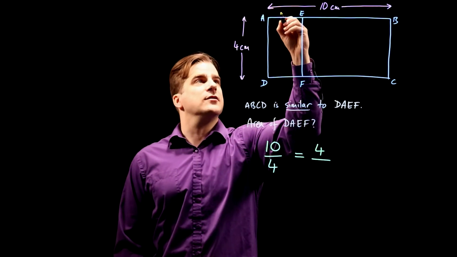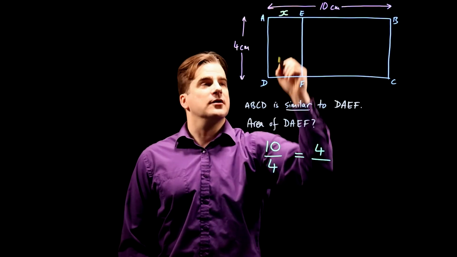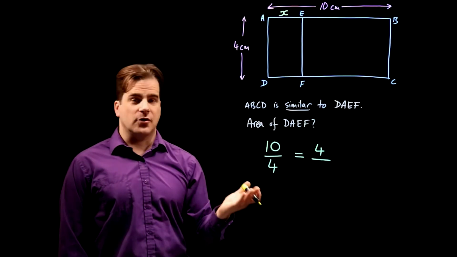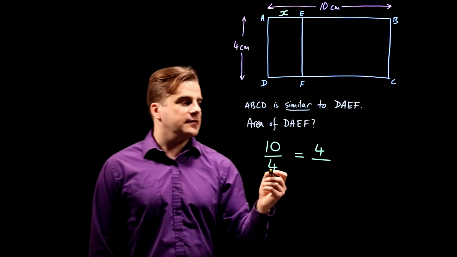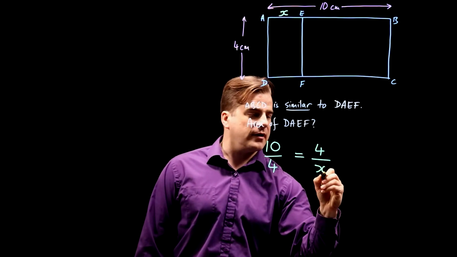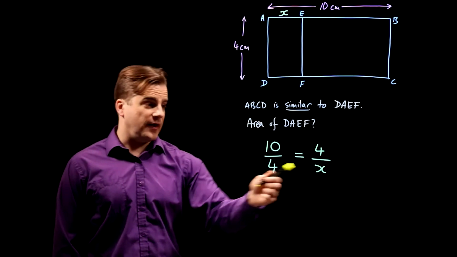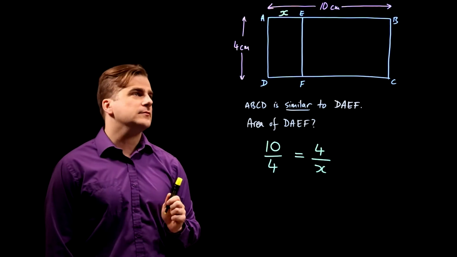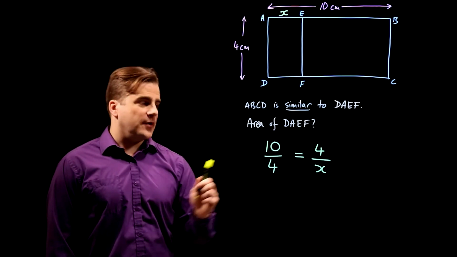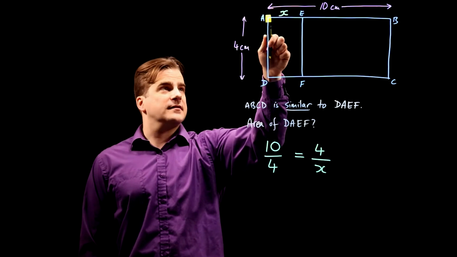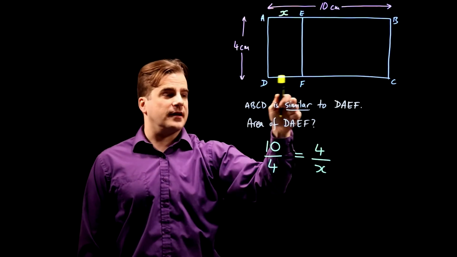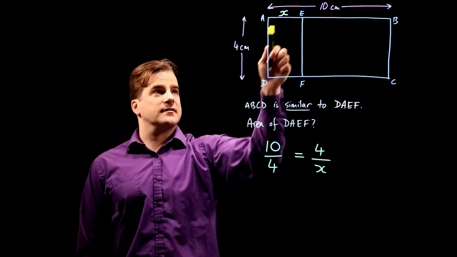So we have to introduce our own variable. Call it whatever you like, I'm going to call it x. So it's 4 divided by x, the thing we're trying to find out, because if we know x, we can work out the area of this rectangle. We just do x times 4.